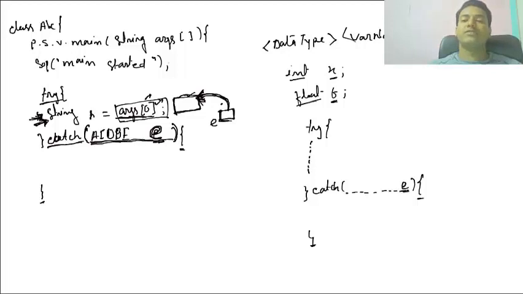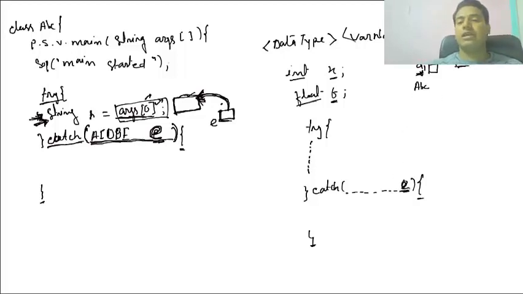The type of this reference variable should be the same type as the object to which this reference variable is going to point. If I declare a reference variable a1, and it is going to point to an object of type abc, then a1 also should be of type abc only. So the a1 type and the type of the object where it is pointing must be exactly the same.